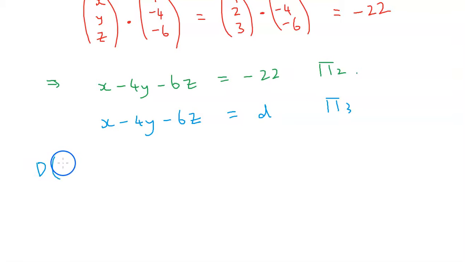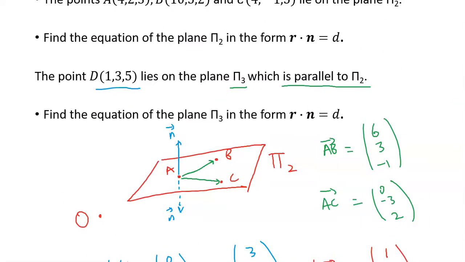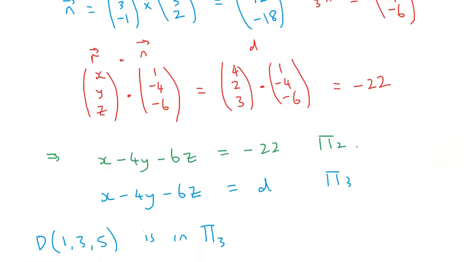So point D, which has coordinates 1, 3, 5, is in pi3.